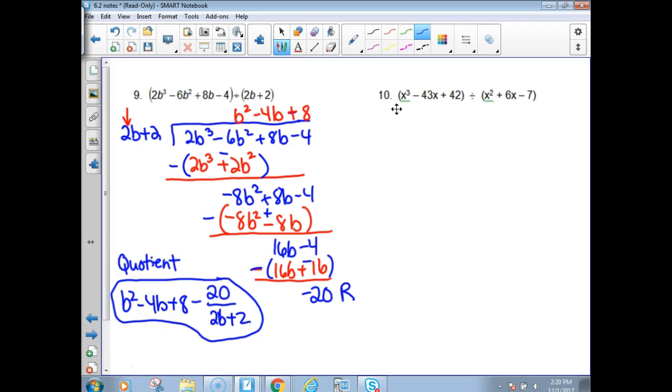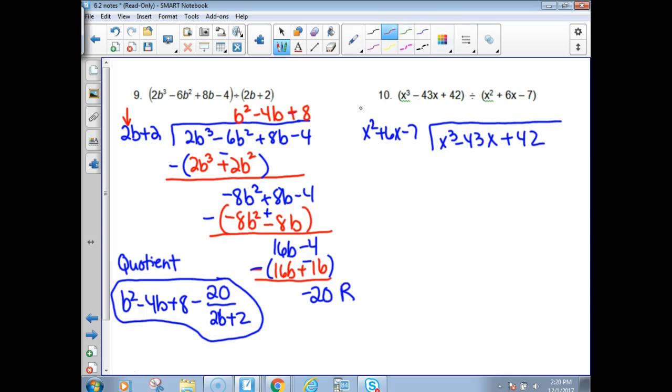All right, number 10, one more of these, and now we're dividing by a trinomial, x squared plus 6x minus 7. That's getting divided into x cubed minus 43x plus 42.